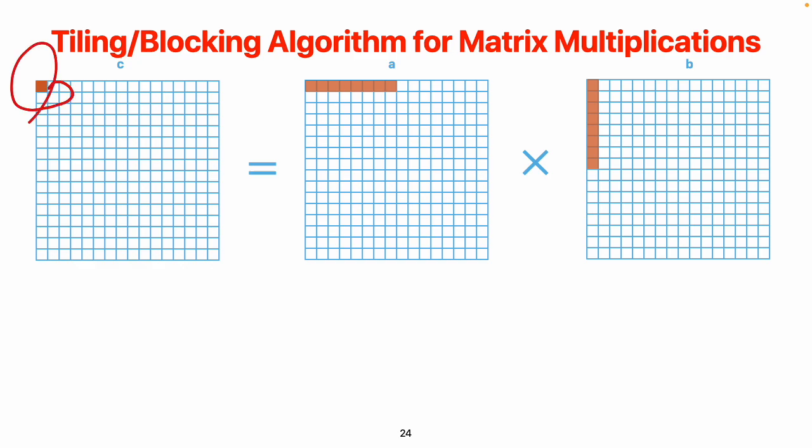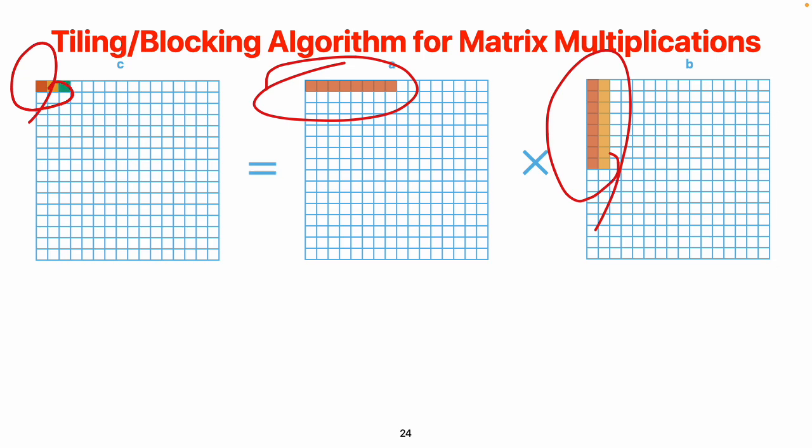However, for each run, instead of going all the way to the end of a row or the column, I only go to a subset of it. For example, right now in this slide, I'm only using 8, so every time I'm only multiplying and accumulating 8.